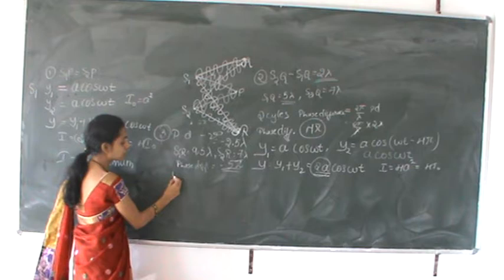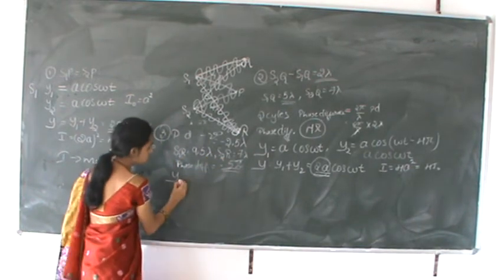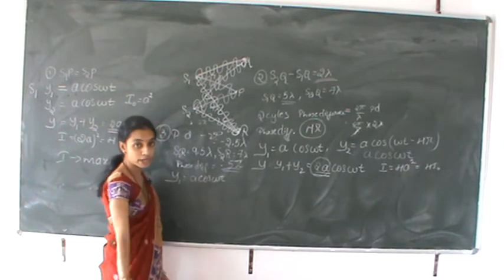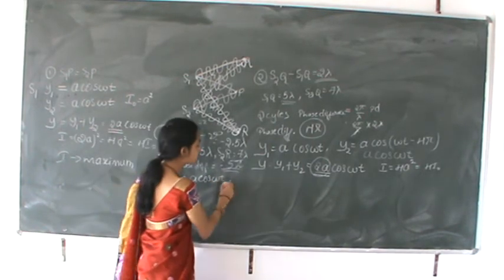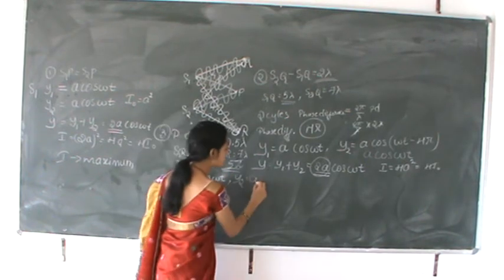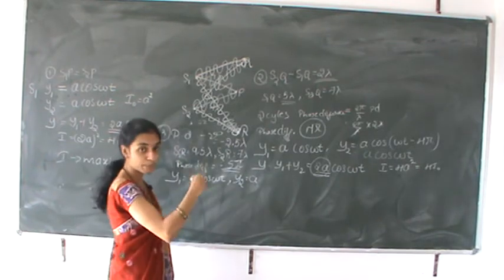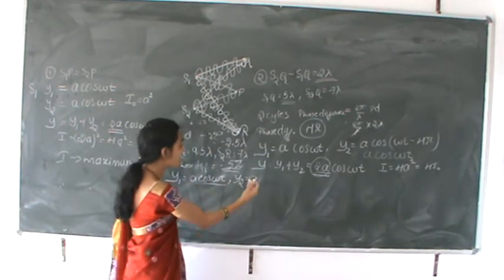Mathematically, the displacement of the source from S1 to R is y1 equal to a cos omega t. Next, the displacement y2: with a phase difference of 5 pi, we should add that value.